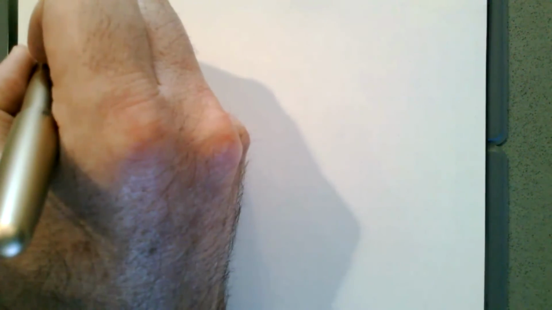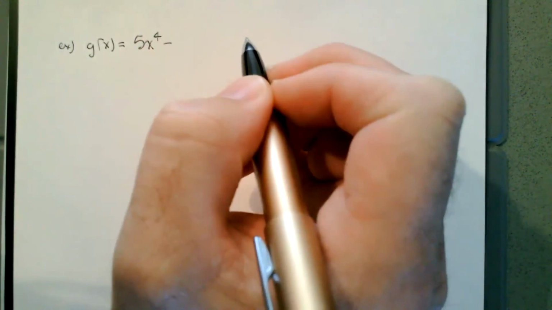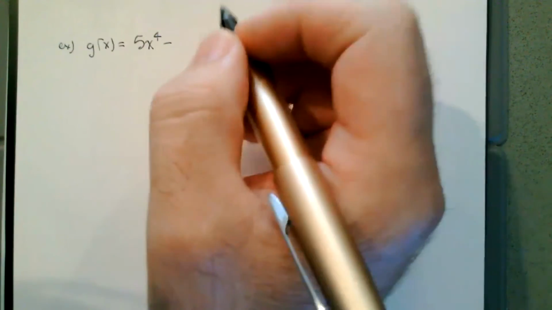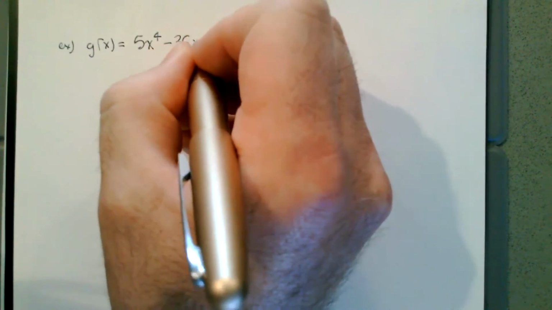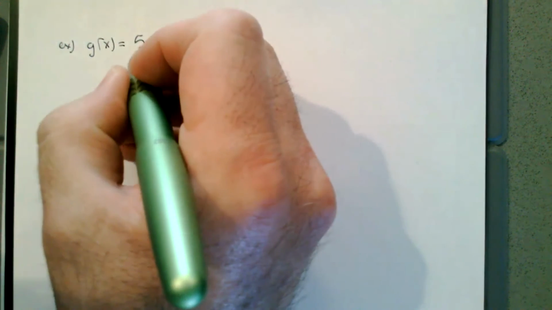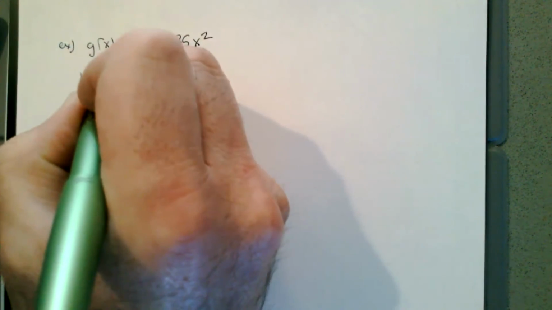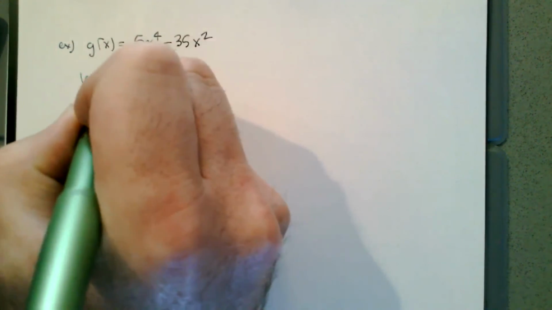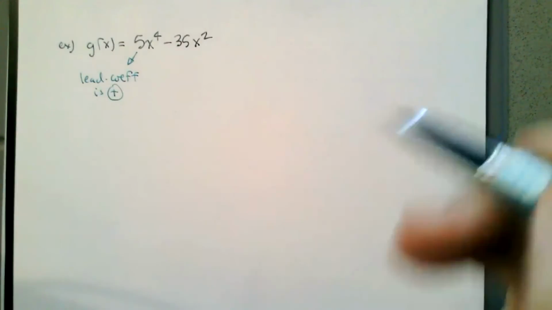Let's look at another example and read the number of turns. Let's say g of x is 5x to the 4th minus 35x squared. See what we know about this graph just by looking at its form. The leading coefficient is positive, so the graph goes up to the right.